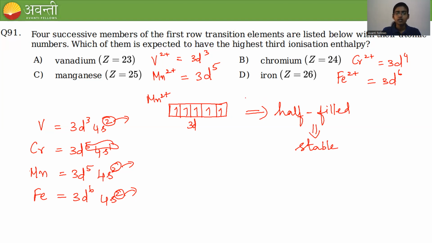So the third ionization energy value for Mn2+ will be the highest. Okay, so option C is the correct answer. While the other species have partially filled d orbitals, so they are less stable, and we can easily remove an electron from a less stable system. Got it? So manganese 2+ is the answer for this question.